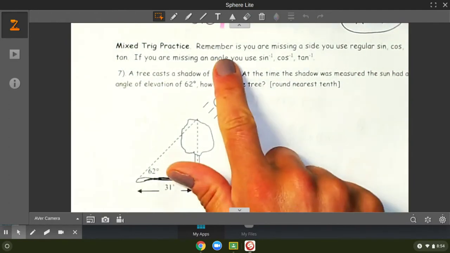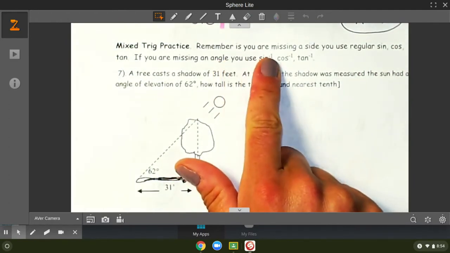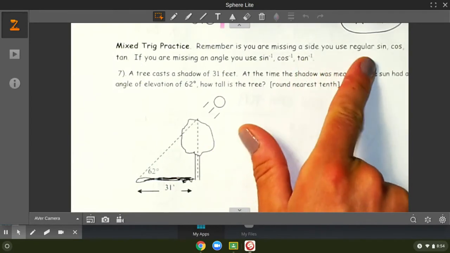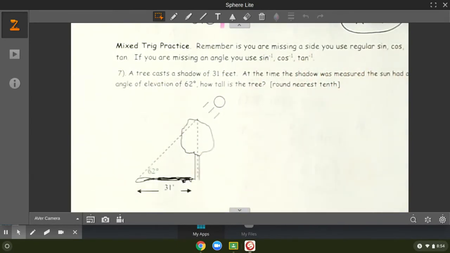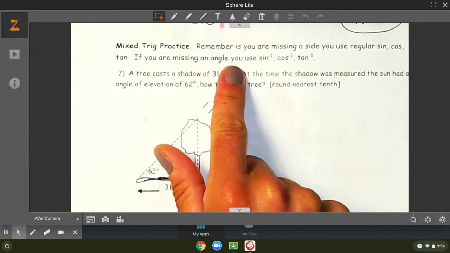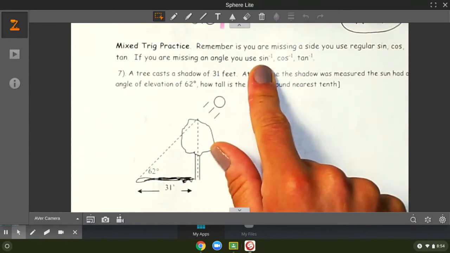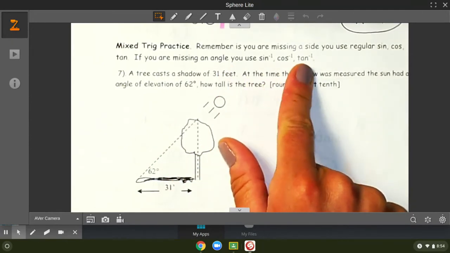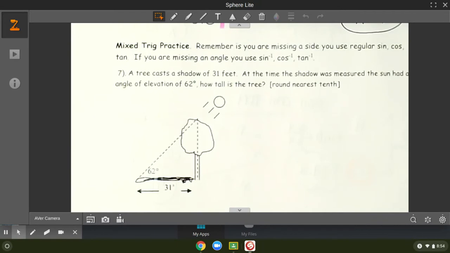Okay, so remember, if you are missing a side, you're going to use regular sine, cosine, and tangent. If you're missing an angle, that's when you're going to use the inverse sine, inverse cosine, and inverse tan. Okay, so let's try the next few questions, taking our time and trying to figure out what we're going to use. So question 7.